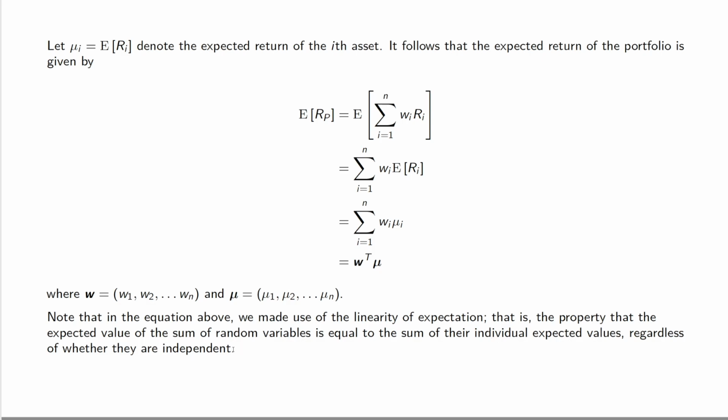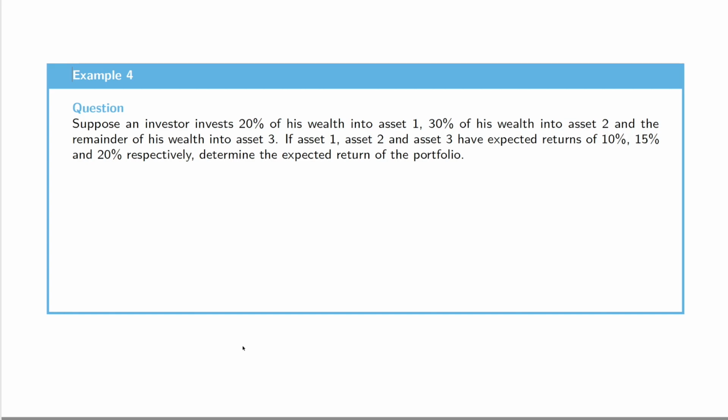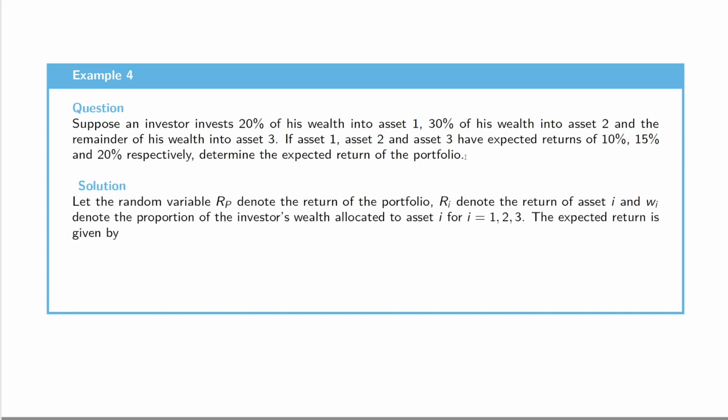So let's now go here. Here's our question. Suppose an investor invests 20% of his wealth into asset 1, 30% of his wealth into asset 2, and the remainder of his wealth into asset 3. If asset 1, asset 2, and asset 3 have expected returns of 10%, 15%, and 20%, determine the expected return of the portfolio.